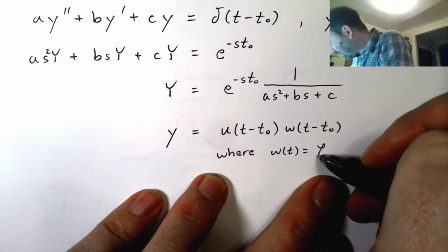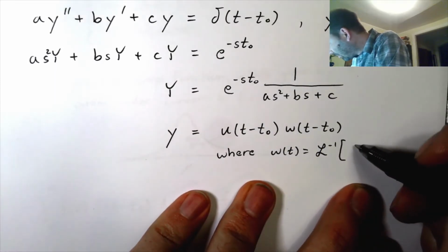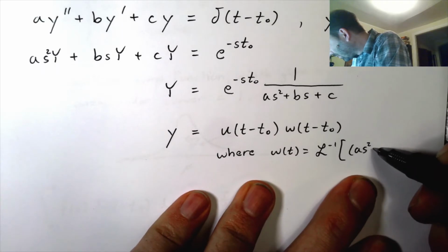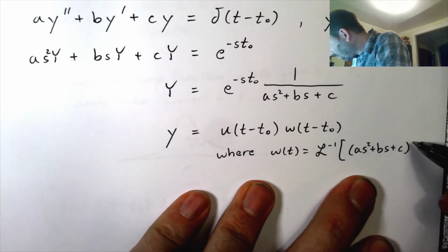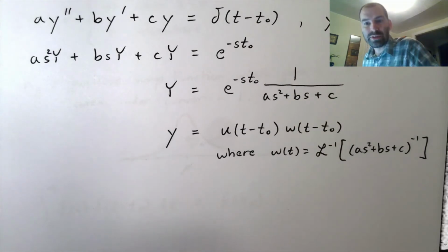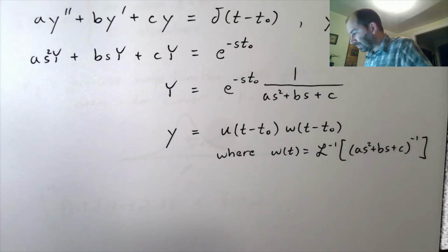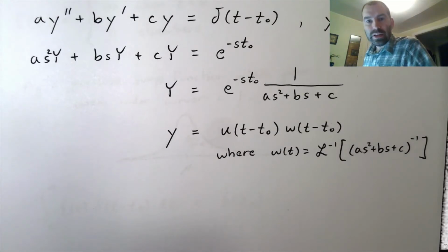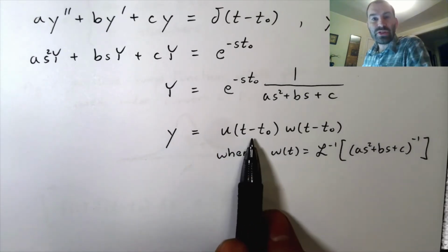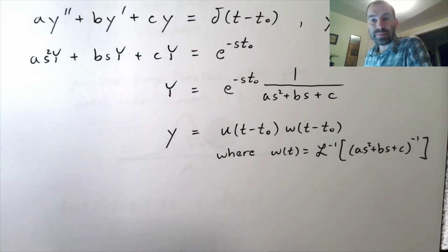So w of t is the inverse Laplace transform of that guy. Let me just express it like this. I'll just raise it to the -1 power instead of writing it as a fraction just to save some space and some paper here. Okay? So this is how you solve this differential equation. Here, this is the solution.